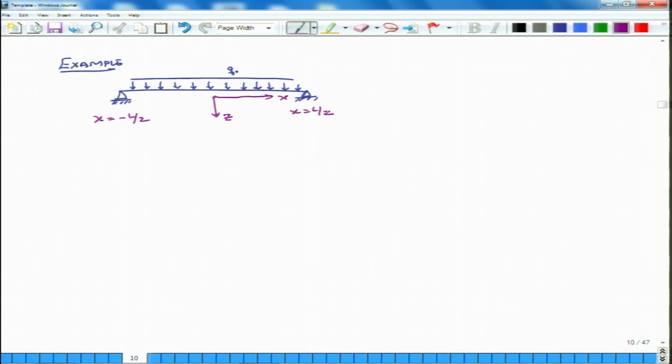So, for this, the exact closed form solution from beam theory is that W naught, which is a function of x, is equal to QL4 divided by 384 EI times 16 x over L to the 4 minus 24 x over L square plus 5.